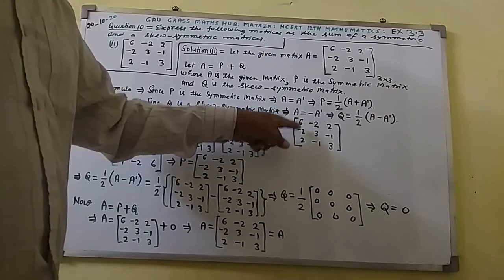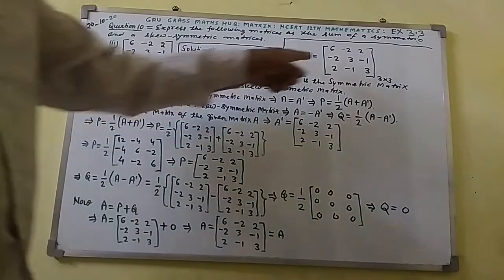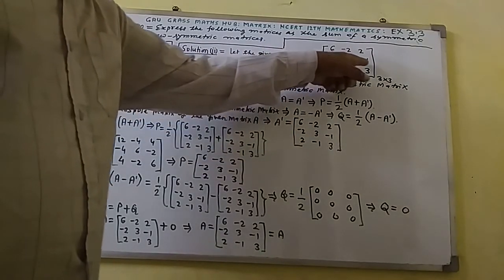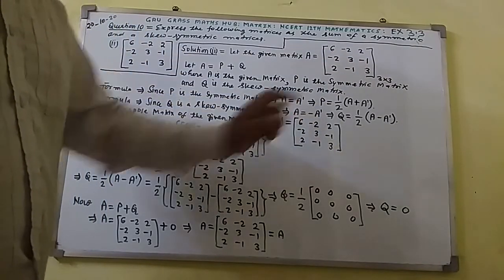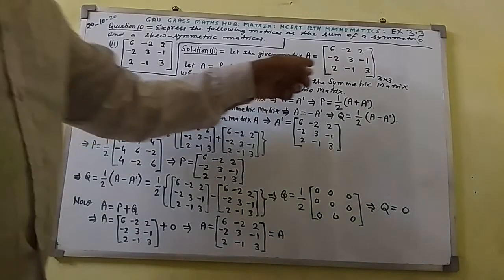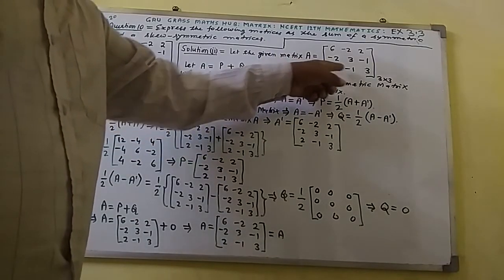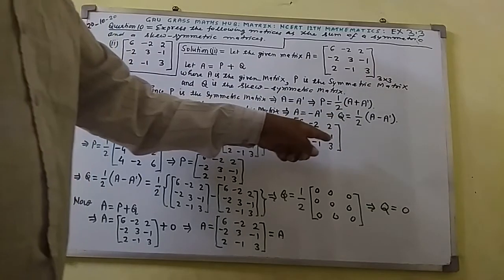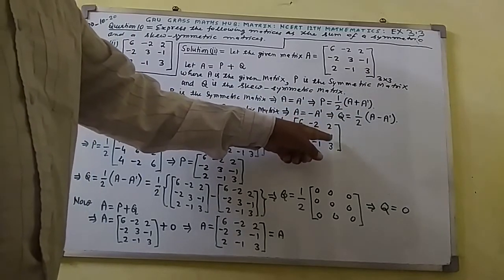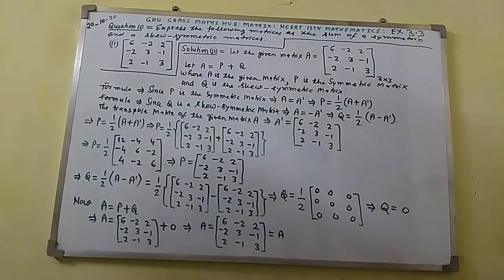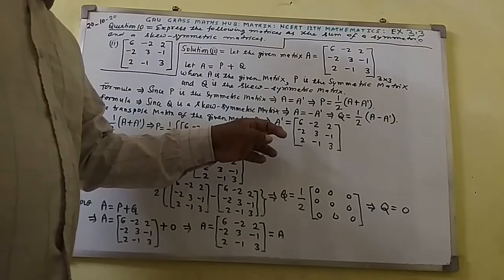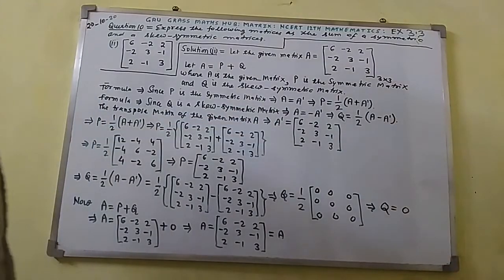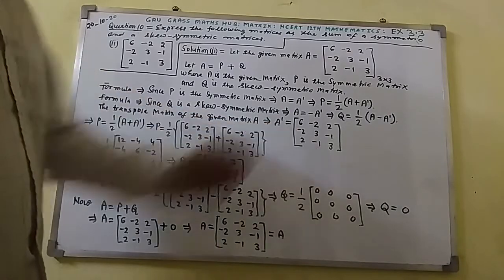The second row, minus 2, 3, minus 1, I have converted into the second column. And the third row, 2, minus 1, 3, I have converted into the third column, closing of square bracket. So here you have got A dash, the transpose of the given matrix A.